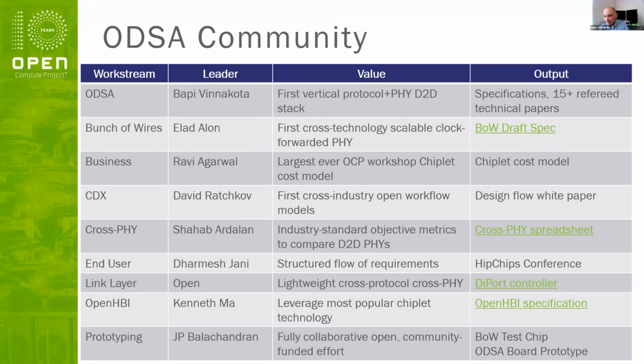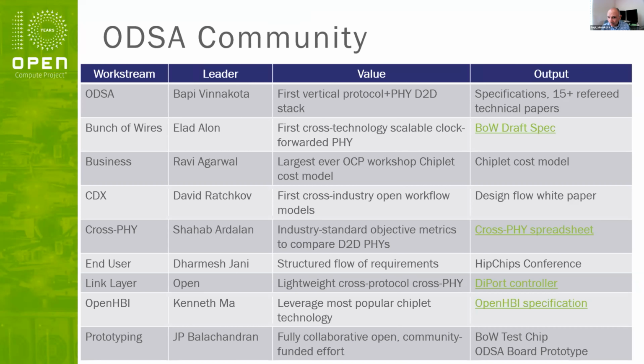Shahab has led the effort to produce a cross-PHY spreadsheet that has become the objective standard for comparing die-to-die PHYs in the industry. Ravi Agrawal led a business workstream effort that, I believe, broke the record for a single topic workshop in terms of number of registrants. We had more than 600 people registering.